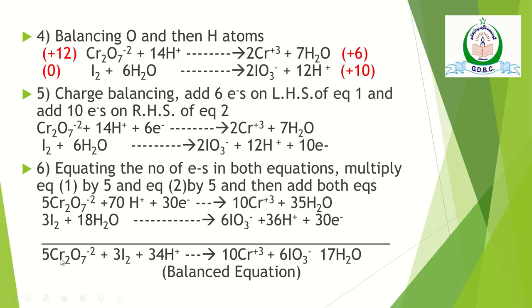5 dichromate radicals plus 3 iodine molecules plus 70 hydrogen ions. Here we have plus 36 hydrogen ions. So here on the reactant hand side we will have plus 34 H plus ions.